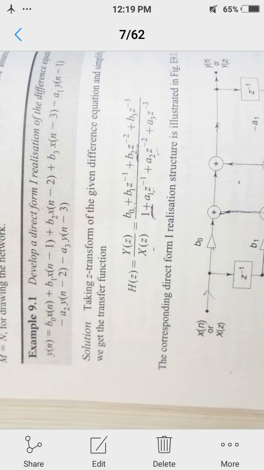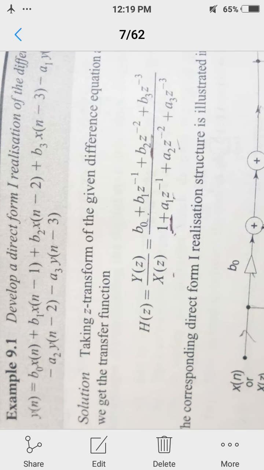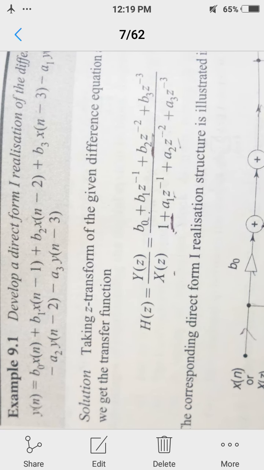If we take the z transformation of the given equation and determine the transfer function, how can we do this? We will take the z transformation of the complete equation, both sides LHS and RHS, and then we will determine the ratio Y(z) by X(z), and it will give us the transfer function H(z).